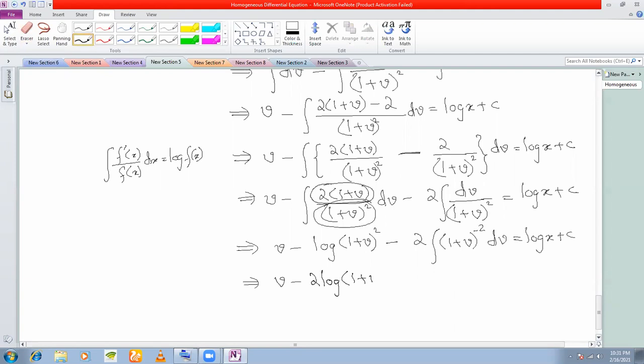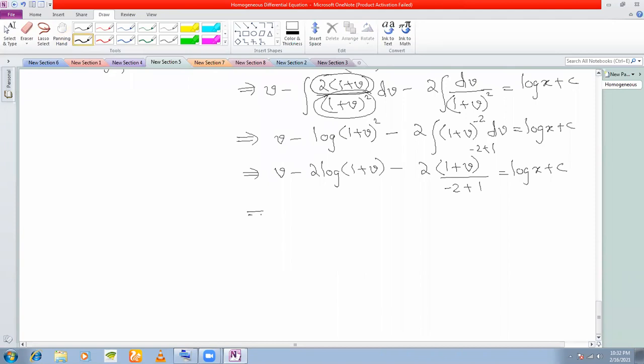Twice log of 1 plus v, now you can write this as twice 1 plus v integral, 1 plus v to the power of minus 2 is what? x to the power of n plus 1 by n plus 1, isn't it? Divided by the derivative of 1 plus v, which is 1, which is equal to log x plus c.